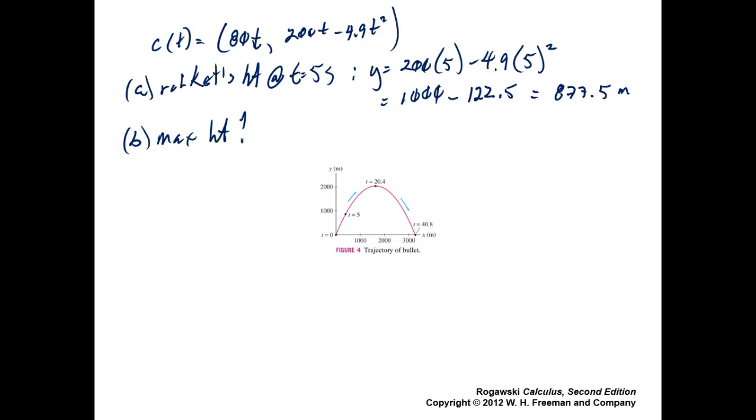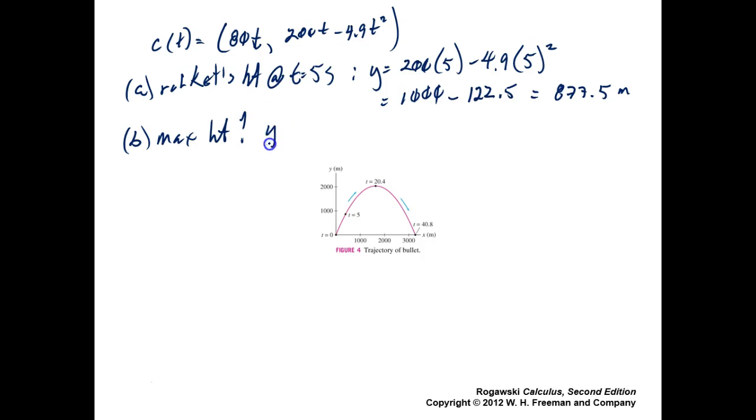You could also think of that as where the velocity equals 0. The vertical velocity is going up, up, up, and then it stops, and after that comes back down. That's the point where it reaches 0. So the velocity is the first derivative of that. And what is the first derivative of that?